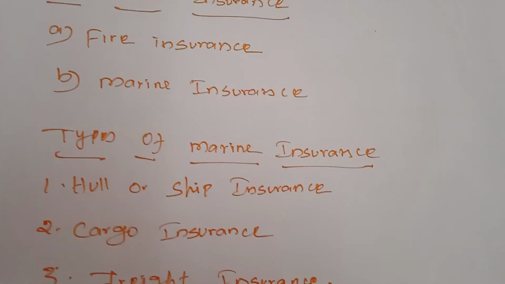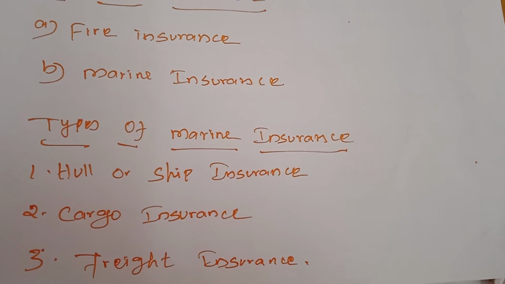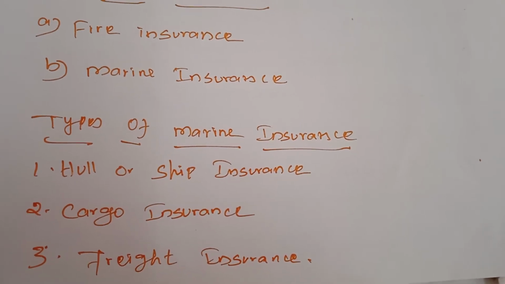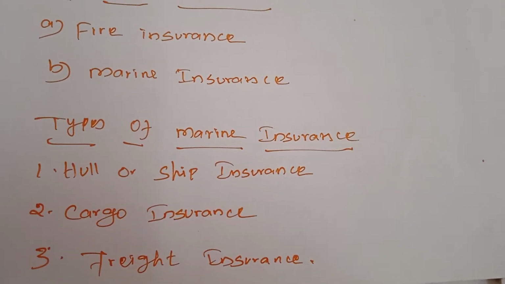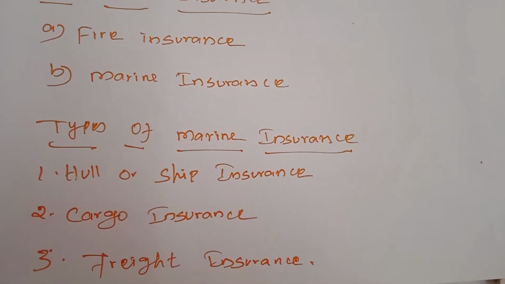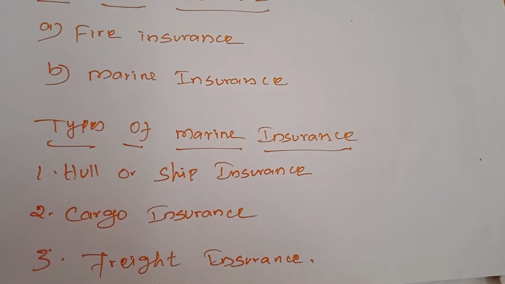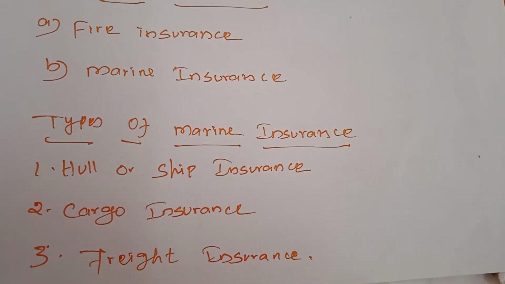Next, cargo insurance. When a marine insurance policy is taken by the cargo owner to be compensated for loss caused to his cargo during the voyage, it is known as cargo insurance. Voyage means the time of travel.